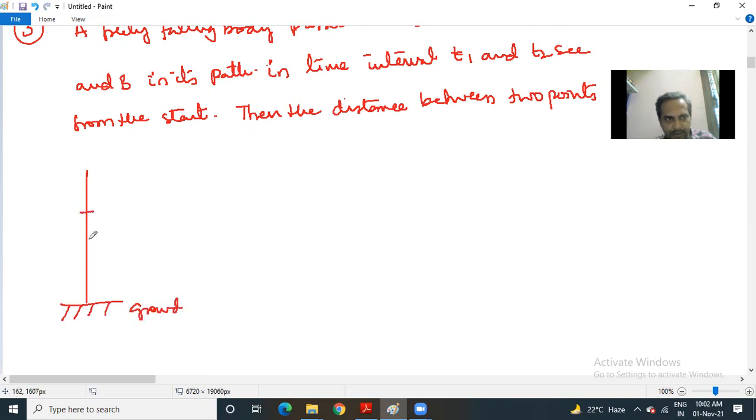Say this is point A, this is point B. It continues its motion with u 0. To point A, it comes in t1 seconds. To point B, from the initial point, it comes in time interval t2. So we need to find out the gap between A and B.